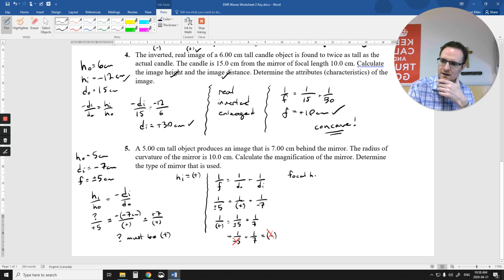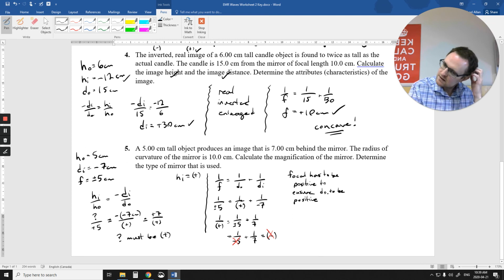Focal length has to be positive to ensure DO to be positive. Okay. So that means my focal length is positive 5 centimeters.